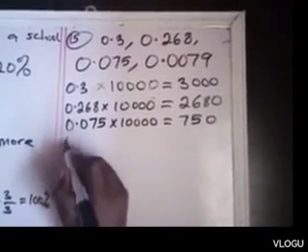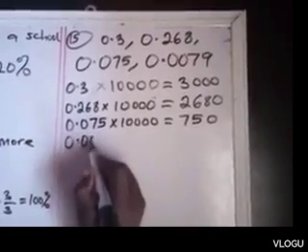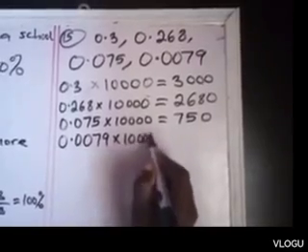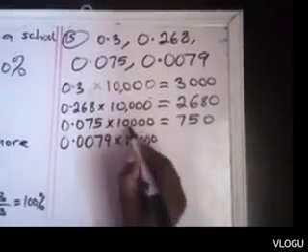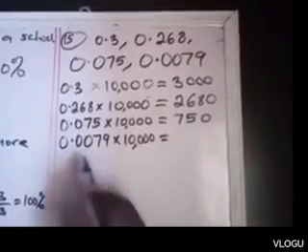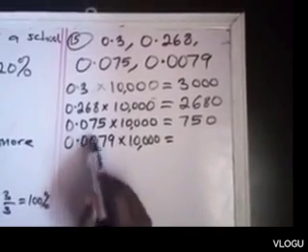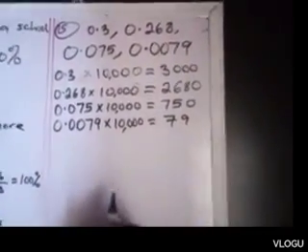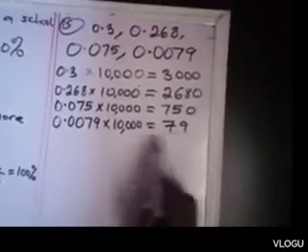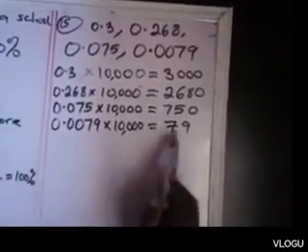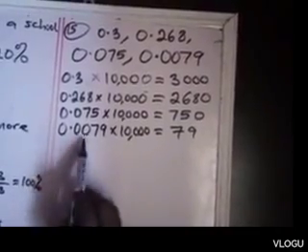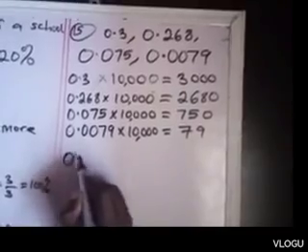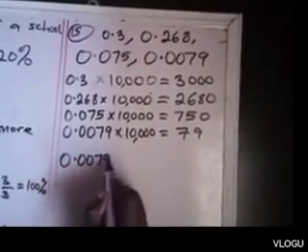And the last one, 0.0079 multiplied by 10,000. If I move four times as well, that will give me 79. Now let's arrange it in ascending order from the smallest. This is the smallest, 0.0079.